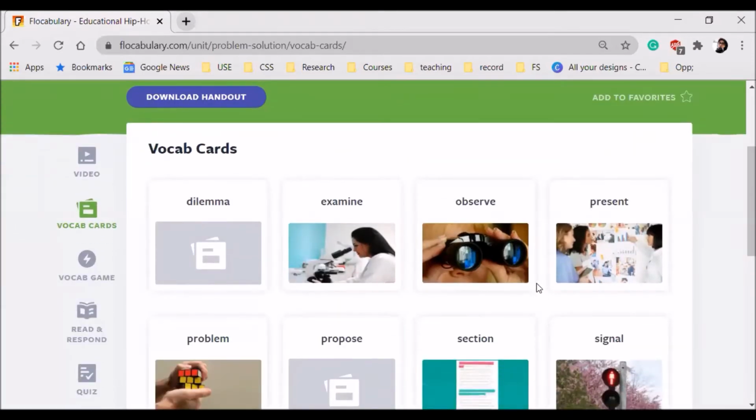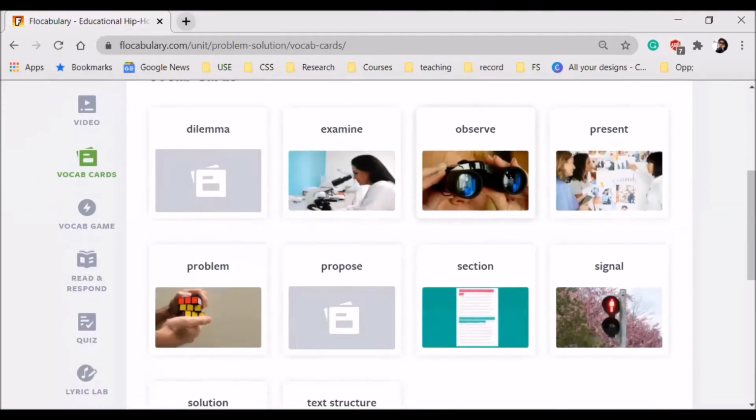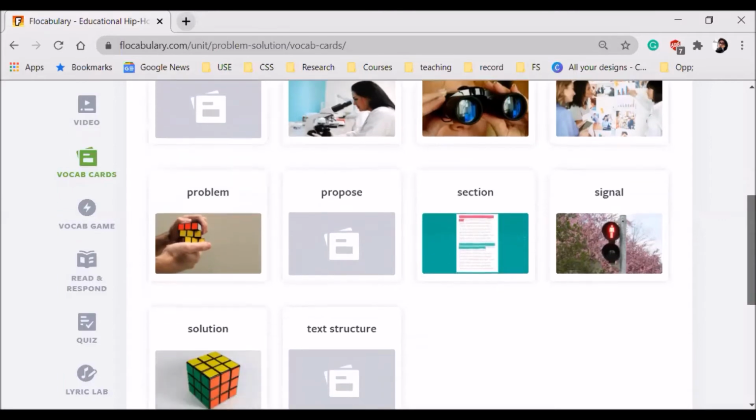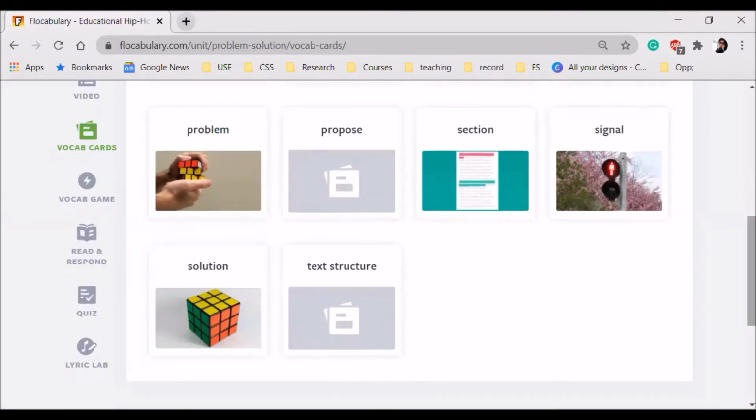So these are vocabulary cards. These are a few words. Look at these very quickly. There was the word dilemma, examine, observe, present, problem, purpose, propose, section, signal, solution, text structure. Okay, these were new words.